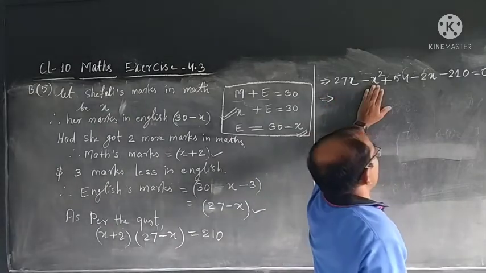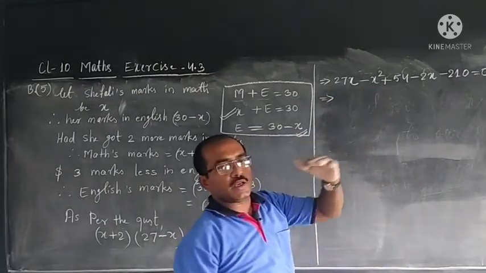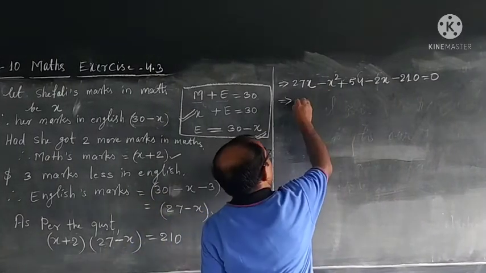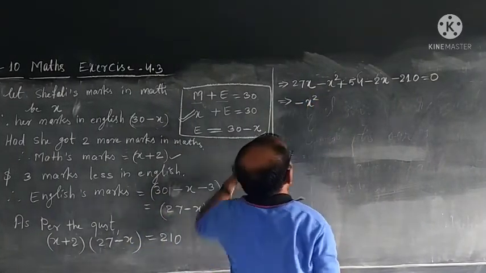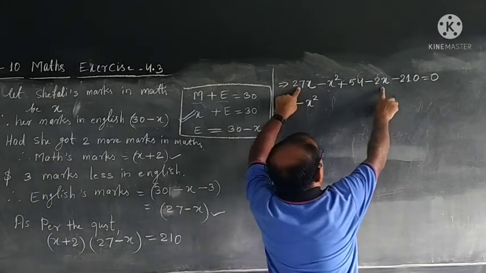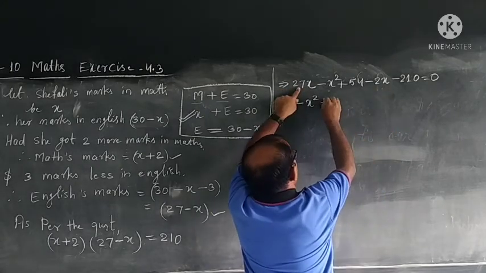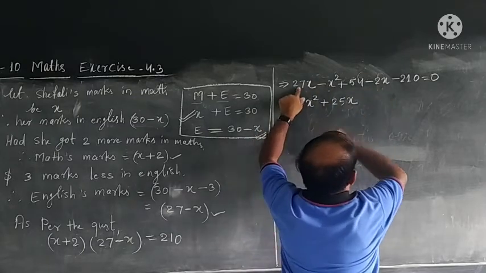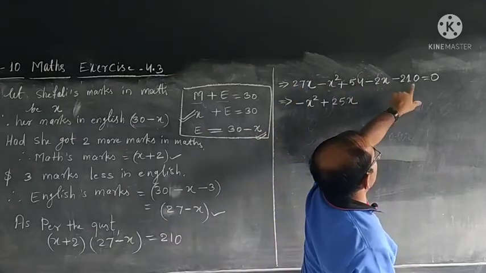Arrange in the form ax square plus bx plus c. So, minus x square we will write first, then 27x minus 2x, 25x, simple. 27 minus 2, 25. Number 54, 210.